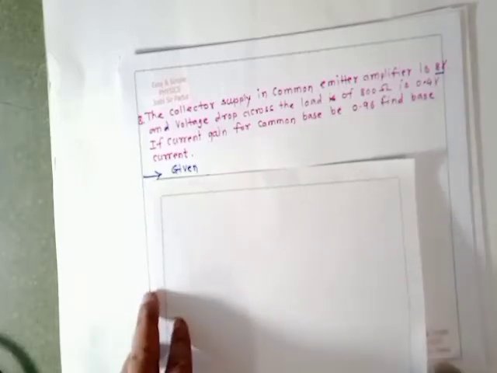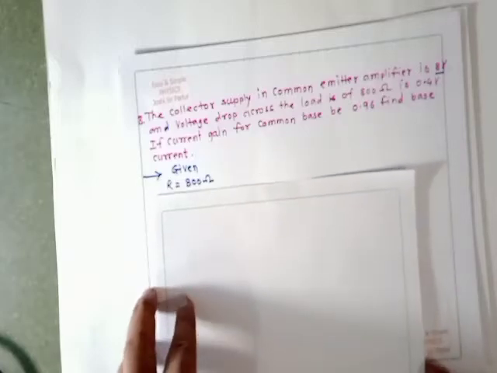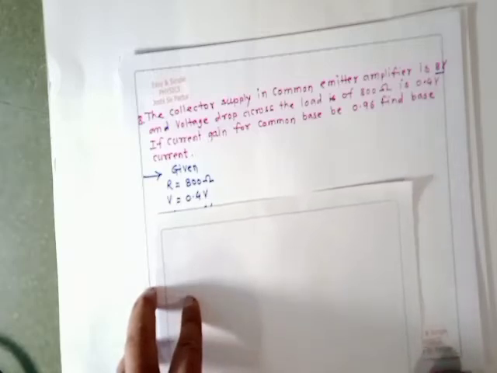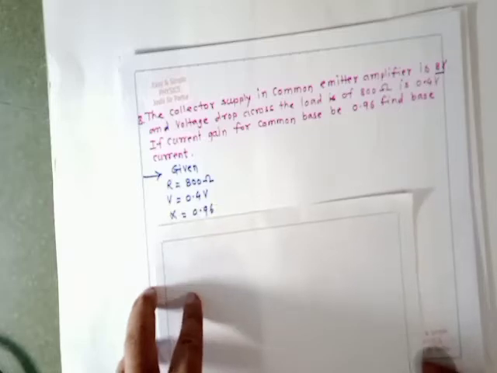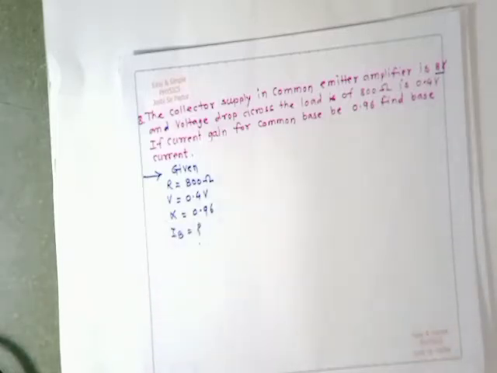Given here, the load R is 800, the potential drop is 0.4 volt, the current gain for common base is 0.96, and we want to find the base current.